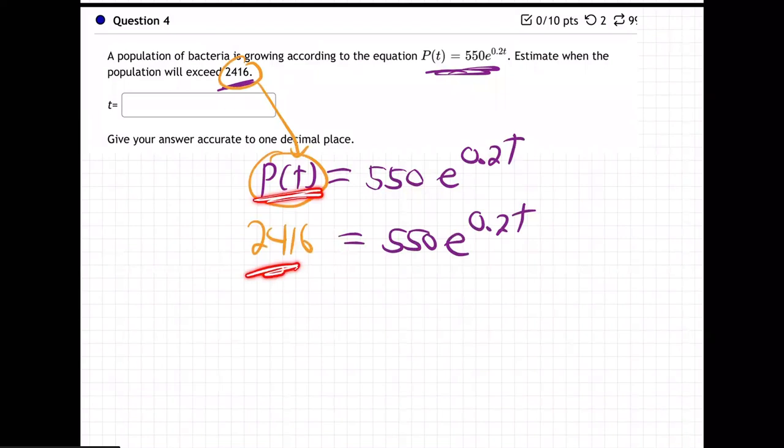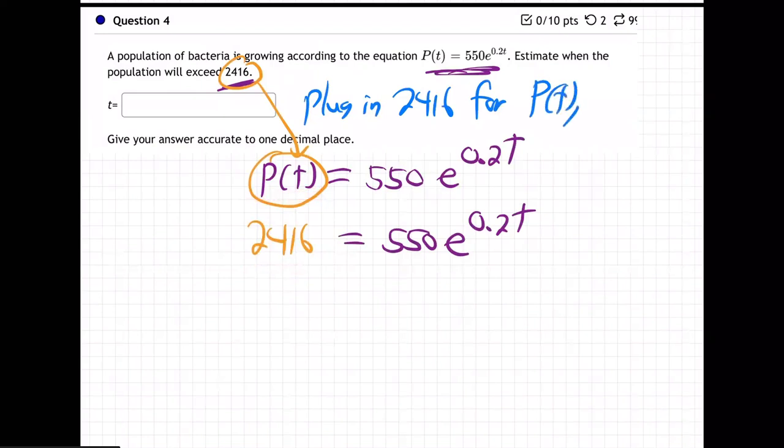So basically I'm going to plug in 2416 for P of T, then solve for T. You tracking with me?